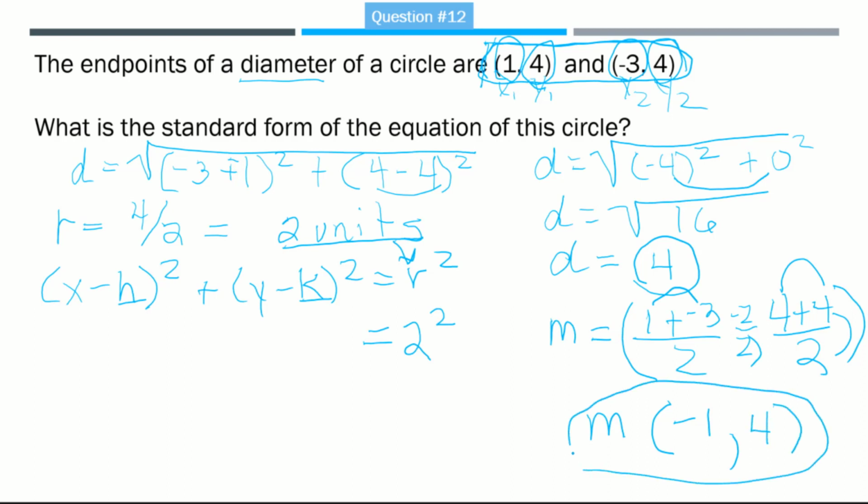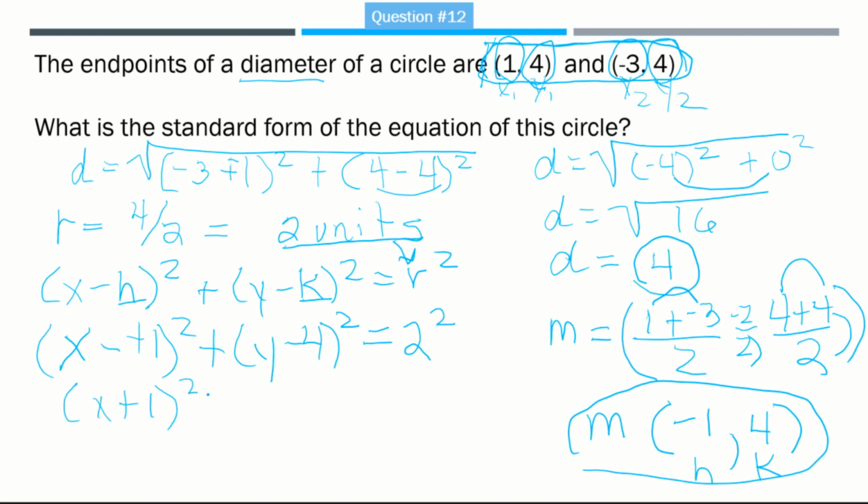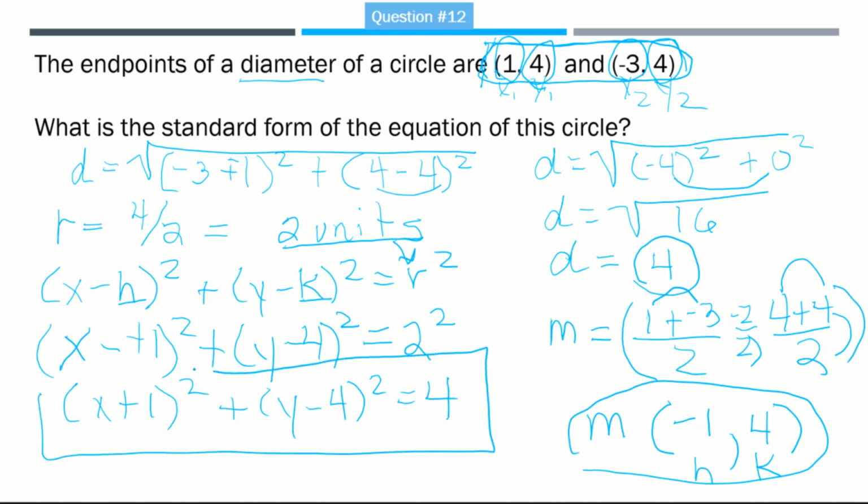So now this is our h and our k. We can go ahead and substitute that into our formula. x minus negative 1 squared plus y minus 4 squared equals 2 squared. We change this minus a negative to plus a positive. So we have x plus 1 squared plus y minus 4 squared equals 4. This is the equation of a circle written in standard form.